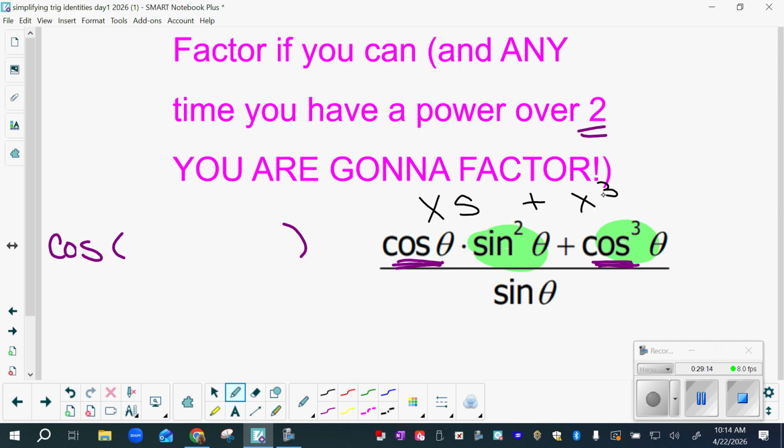You see what I'm saying? I can take out his cosine and his cosine. This stuff is one thing, this stuff is one thing. Does that help? Yes. Good question. That was a great question.